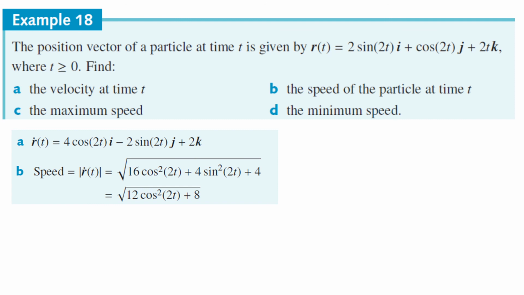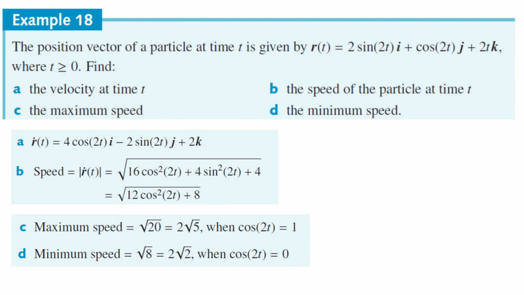And of course, the minimum of a cos squared function will be equal to 0. So straight away, I should be able to ascertain the maximum and the minimum speeds as 12 plus 8 square root, and the minimum speed is 0 plus 8 square root of 8. And we can work out the times at which they occur as well.